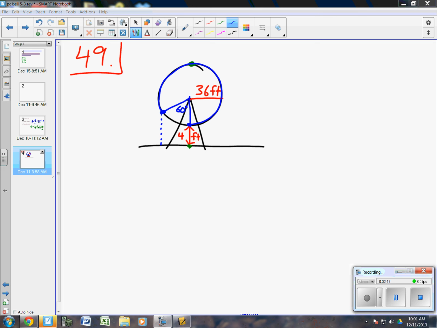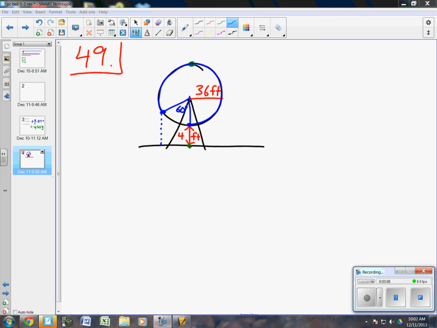There's a couple different ways we can do this. But this is a 60-degree angle, right? Well, we already know this is 60 degrees. We're doing it in degrees.